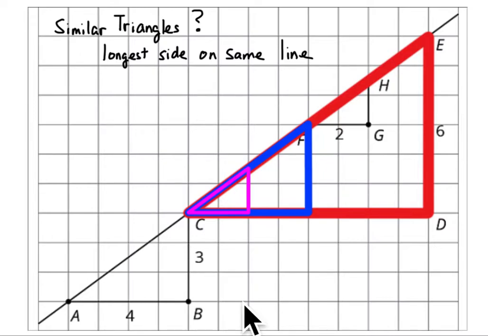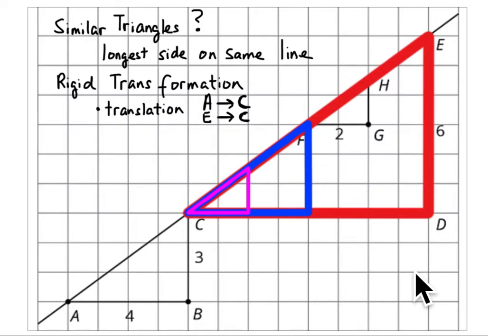And now if I can show a dilation that takes triangle FGH to triangle ABC, or triangle CDE, then I can demonstrate that those triangles are similar.